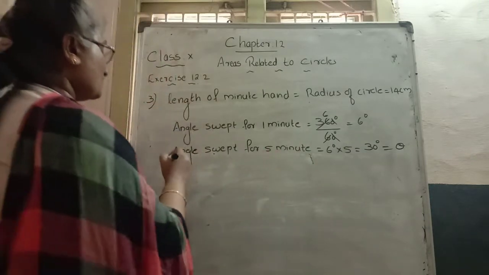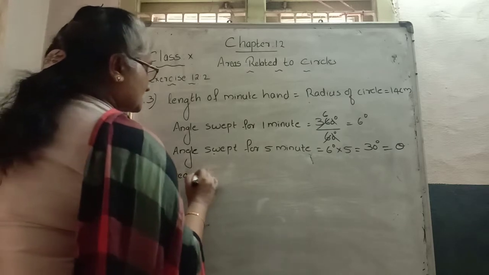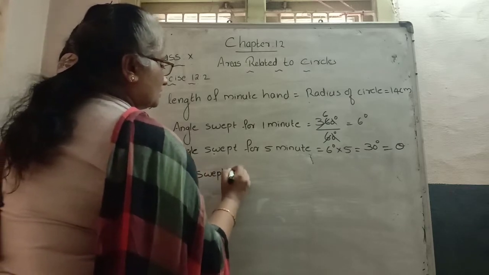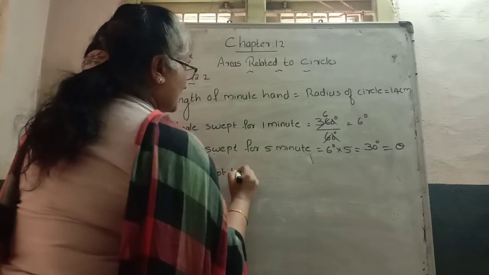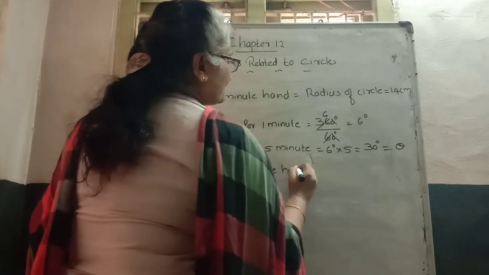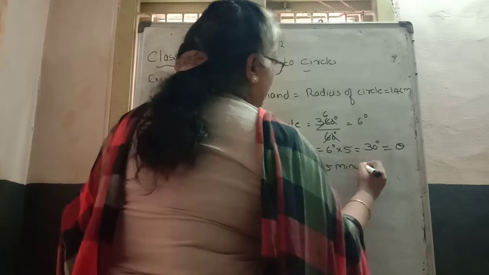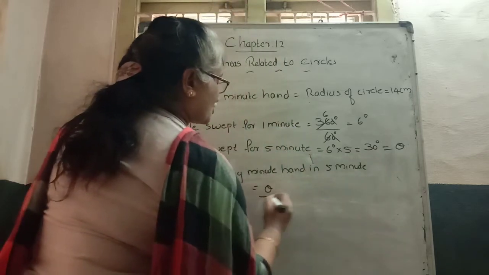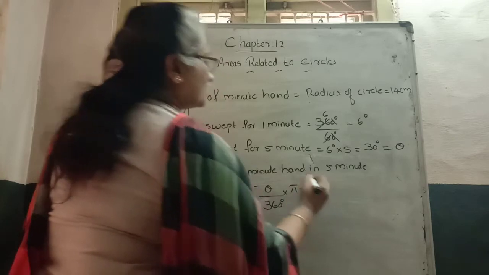Then the question asking to find out the area swept by the minute hand in 5 minutes case. Which formula do we apply? The sector formula, theta by 360 into pi r square.